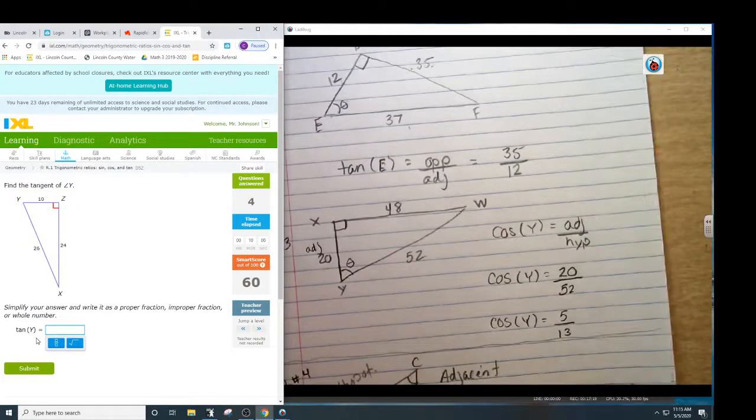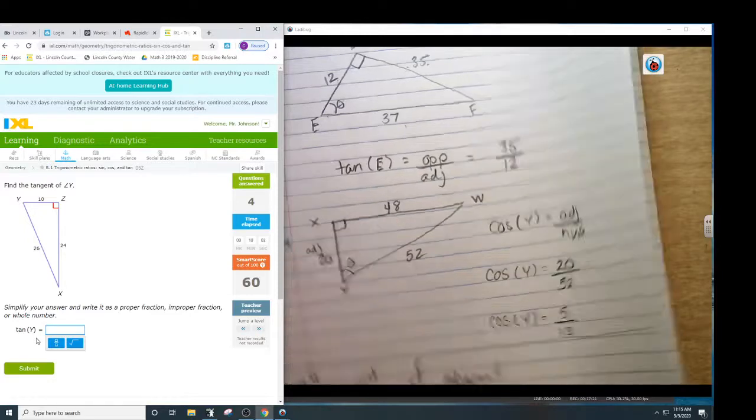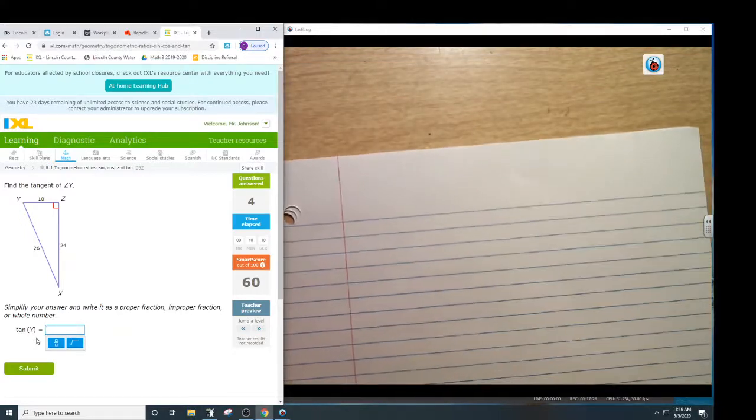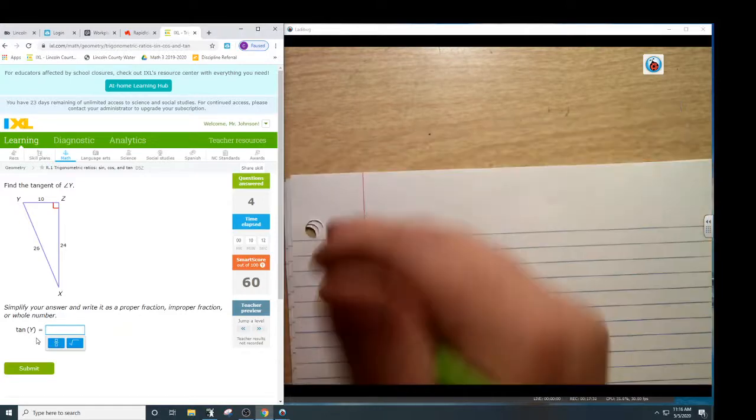All right. Let's do it. I feel like it's better for me to do the ones on IXL because it'd be more like the ones it shows you. Okay.